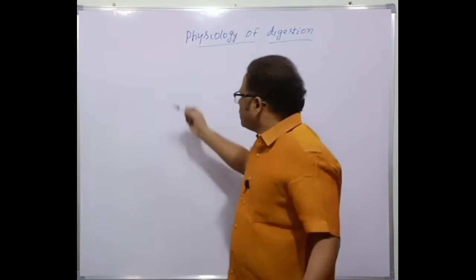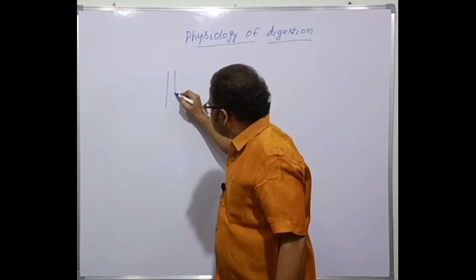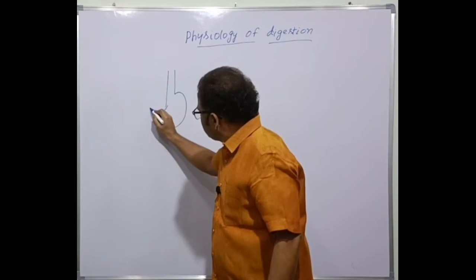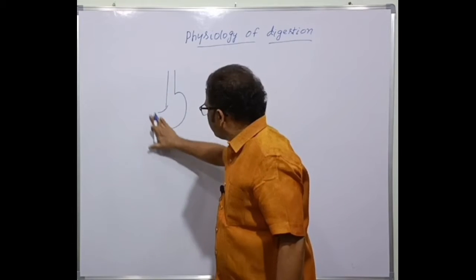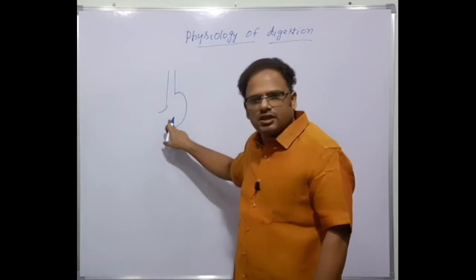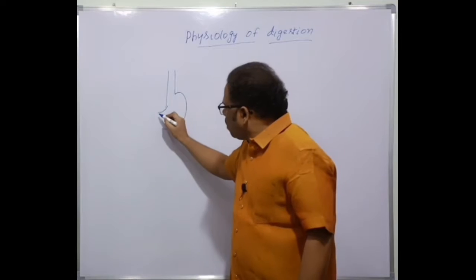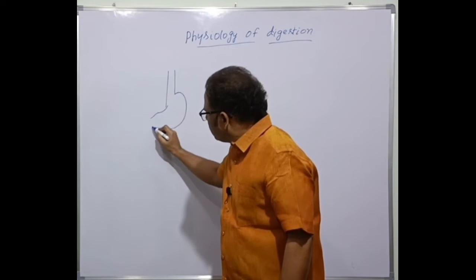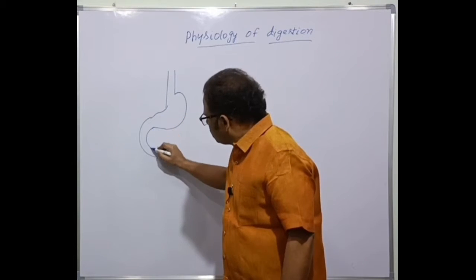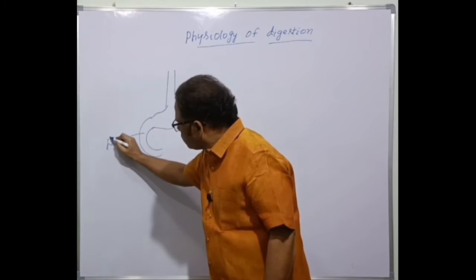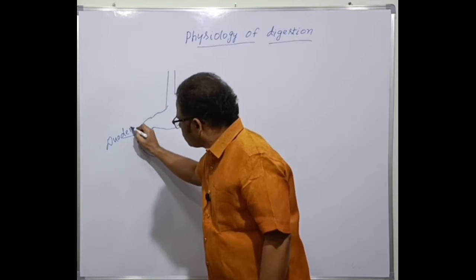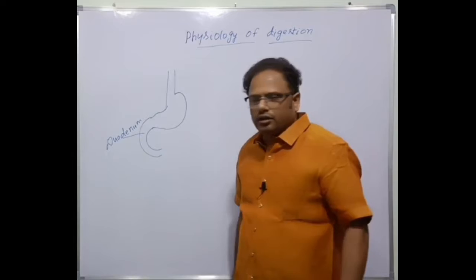Okay students, esophagus, here stomach. How the digestion proceeds up to here, we discussed in the previous session. Now what about the duodenum? This is the duodenum. How is the digestion completed in the duodenum?